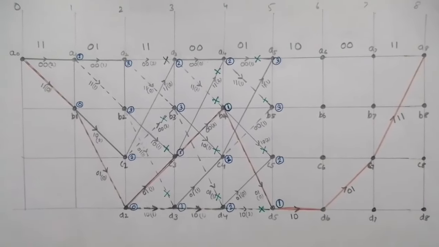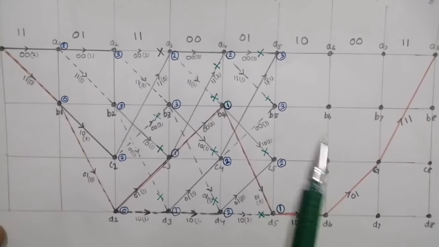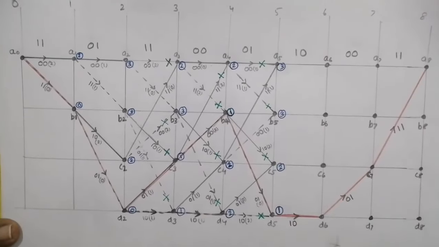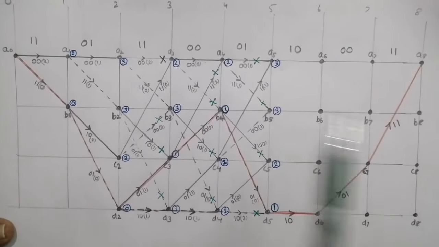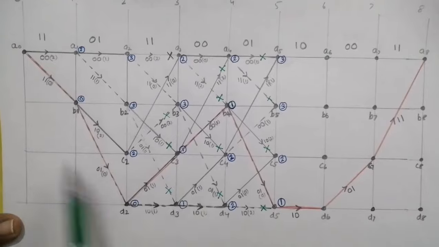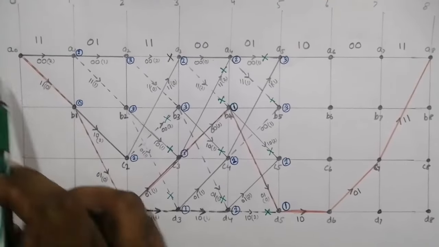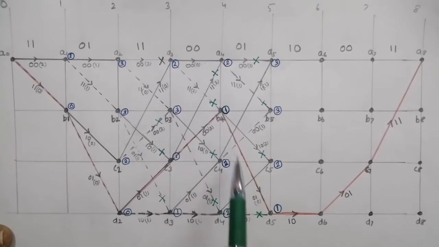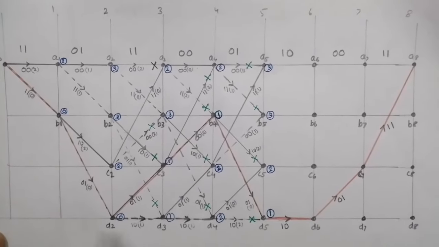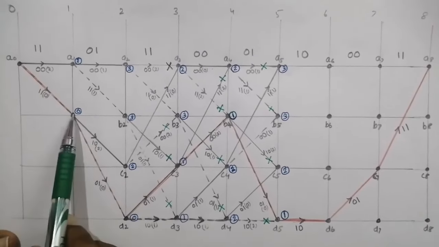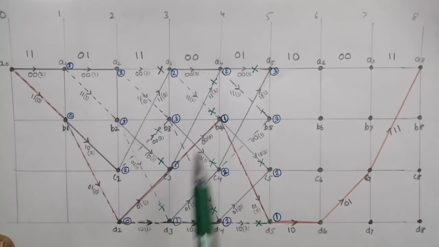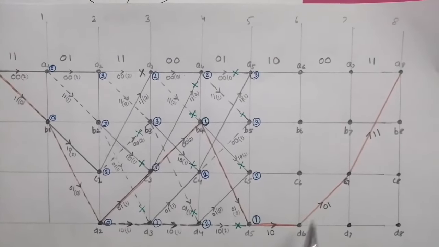Finally we have only one survivor path. That survivor path will trace through the lowest node metric. So here we can see 0, 0, 1, 1, 1 like this.